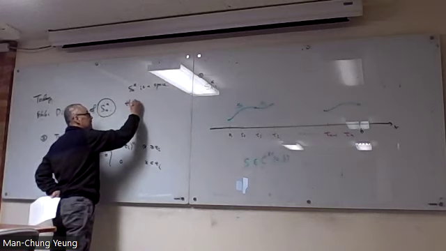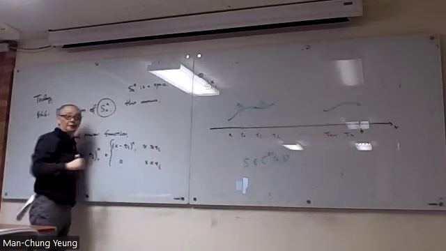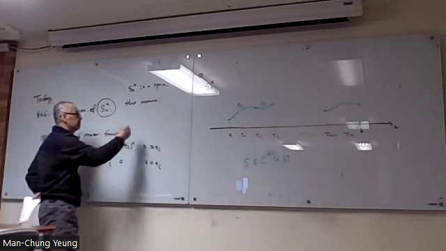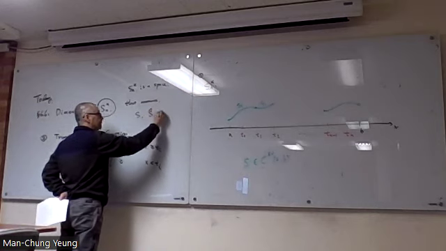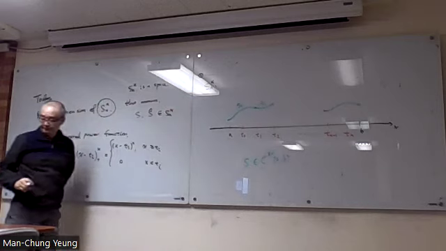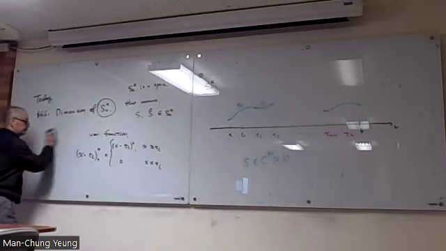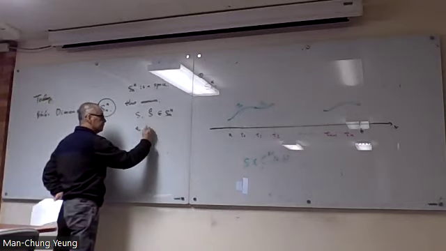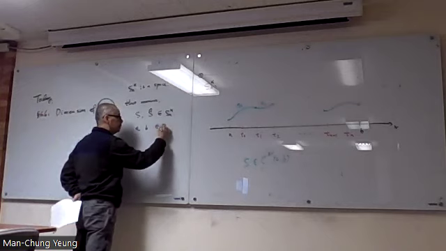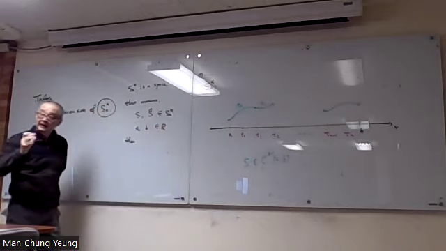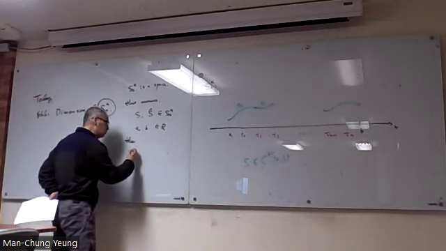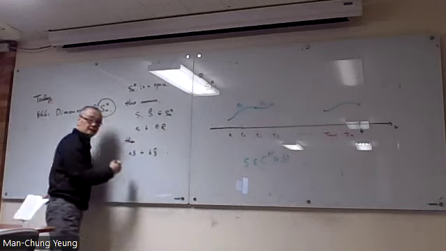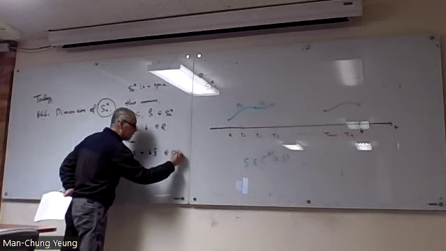That means, from this set, arbitrarily pick two functions, S and S hat, and two real numbers, A and B. Then a linear combination of these two functions, AS plus B S hat, is still in the set, not outside the set.